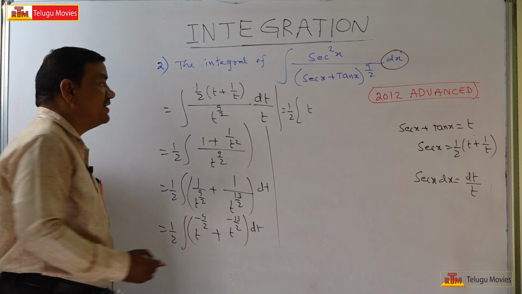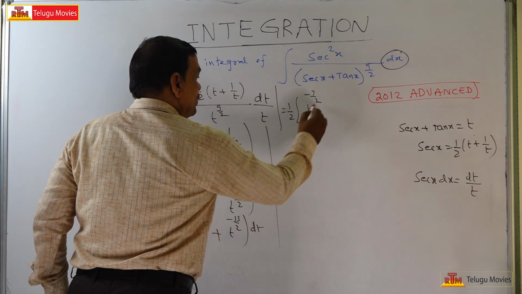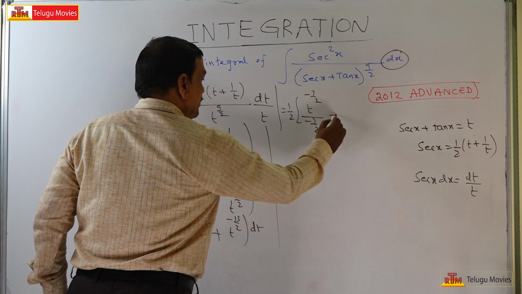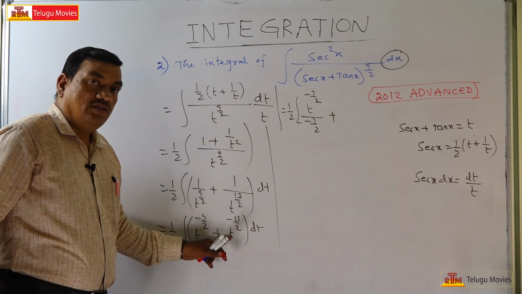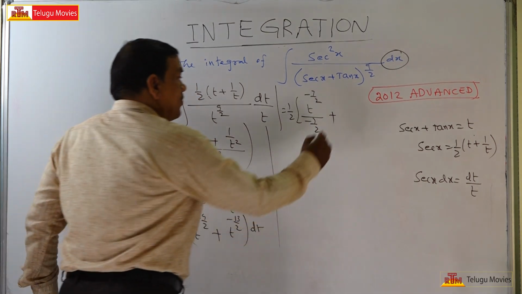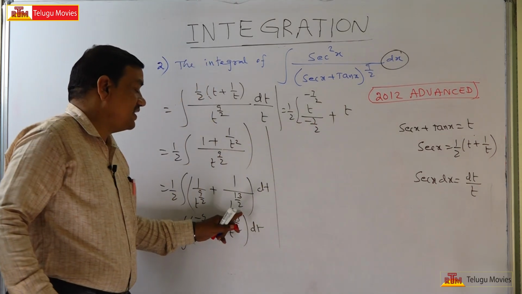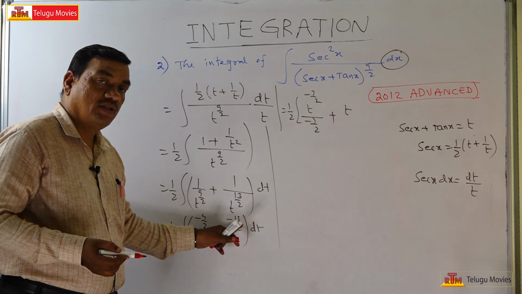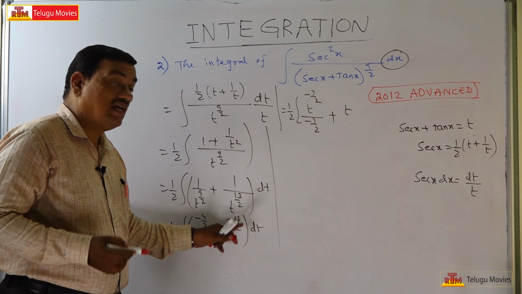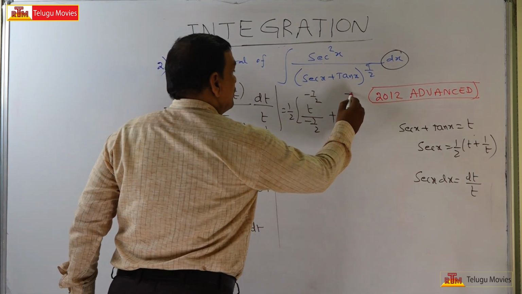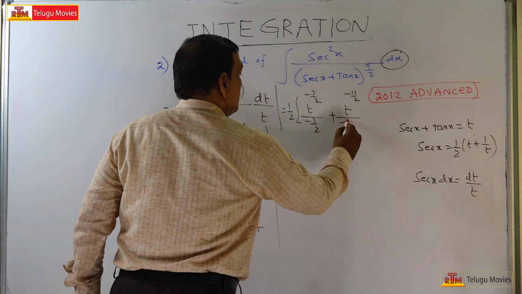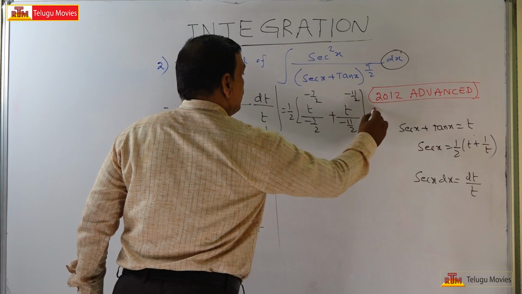Plus 1 means how much? Minus 7 by 2, divided by minus 7 by 2. This is also t to the power of minus 13 by 2 plus 1. Plus 1 means minus 13 plus 1, minus 11 by 2, divided by minus 11 by 2, plus k.